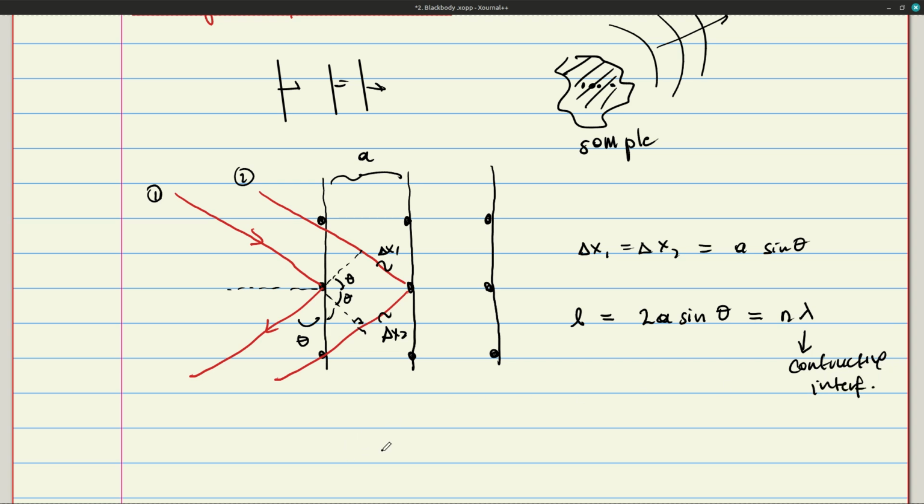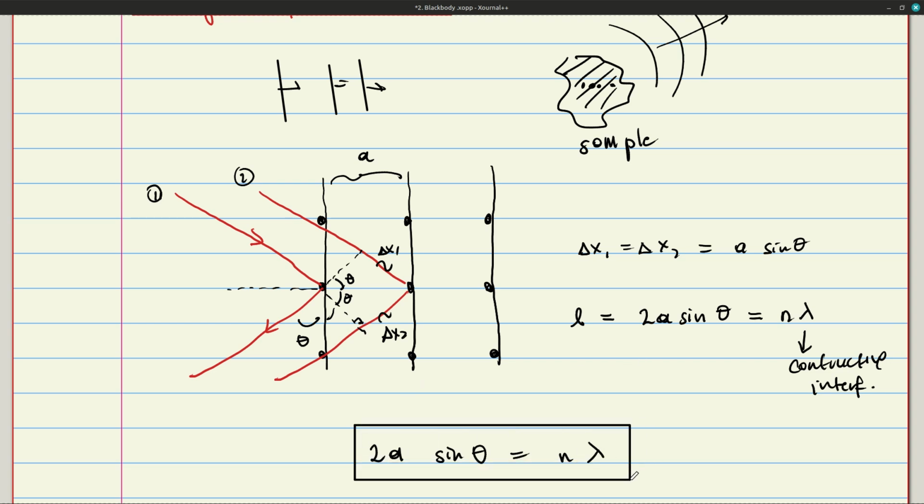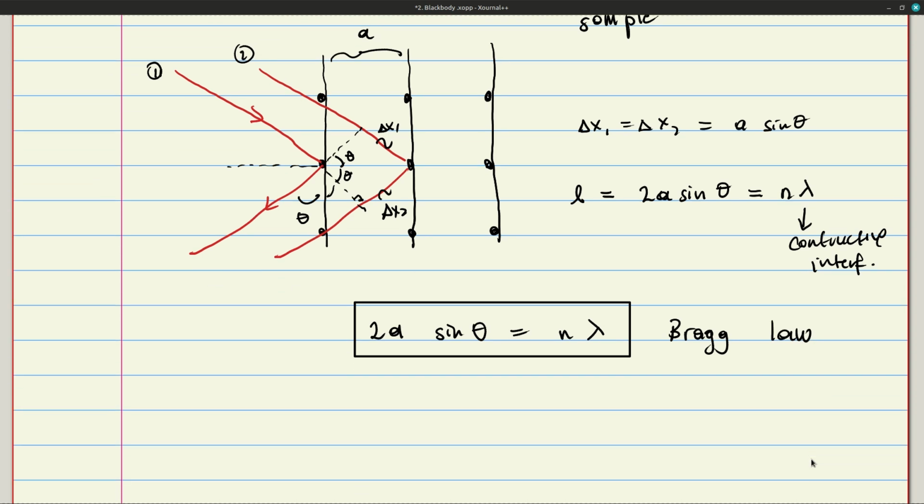Then my result is 2a sine theta equals n times lambda. This is, I think, called Bragg's law, or Bragg's equation.